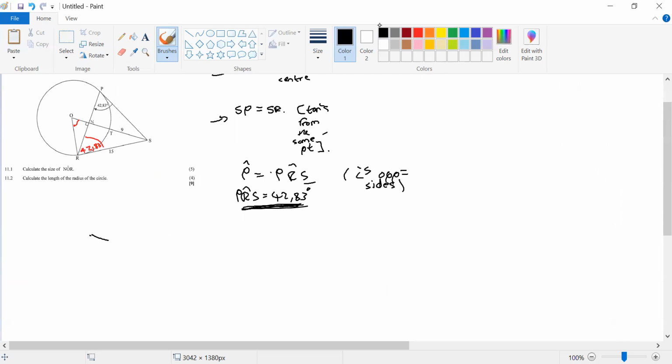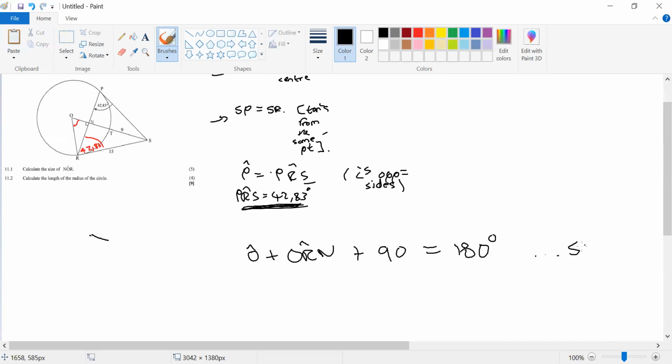So if I had to write out an equation for this, I would say that the angle at O plus angle ORN, which is that angle right there in black, plus 90 degrees, because the other angle in the triangle is 90 degrees, is equal to 180 degrees.